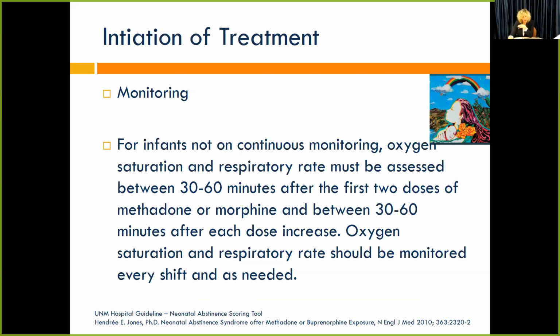So right now we're at the initiation phase, so we're planning for someone to go in and check that baby's oxygen saturation and respiratory rate 30 to 60 minutes after that first dose, and then again after the second dose.